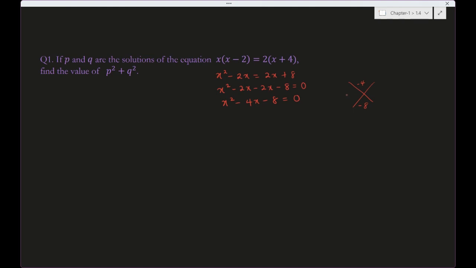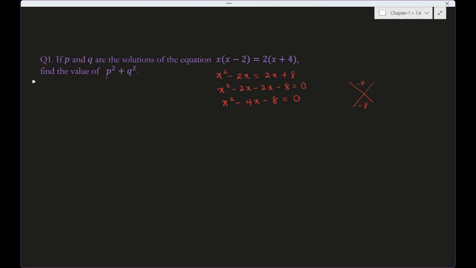It's difficult to get such two numbers, so we have to think of something else, either completing the square or using the quadratic formula.